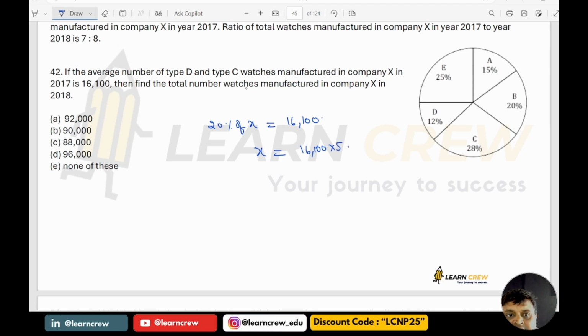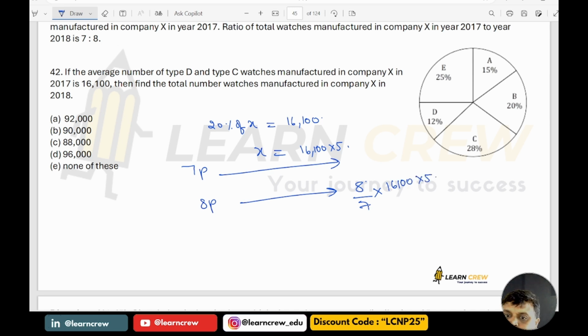And it is given that we need to find the total number of watches manufactured in 2018. It is 7 parts, and we require 8 parts. 7 is to 8 is the ratio. So 8 by 7 into 16,100 into 5.